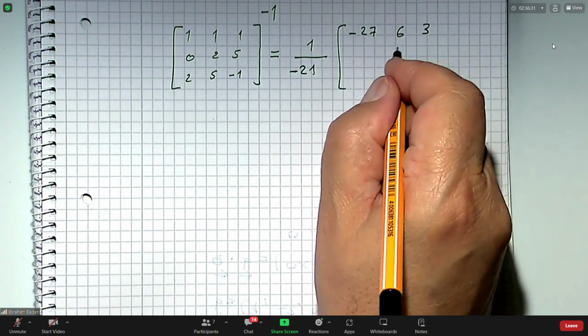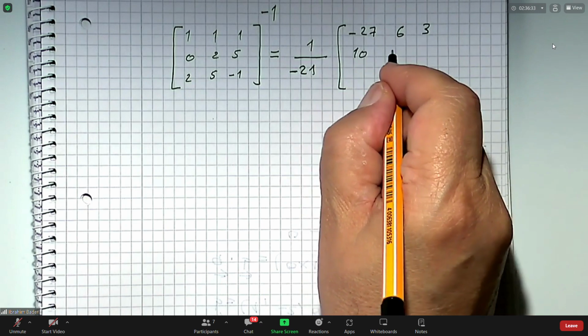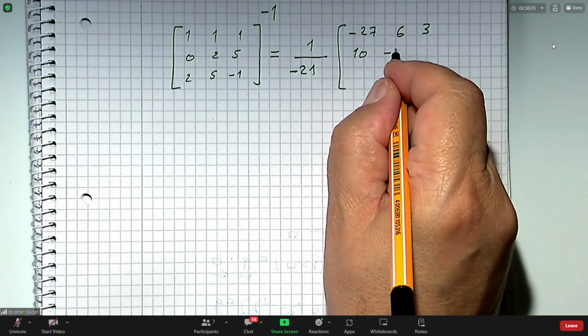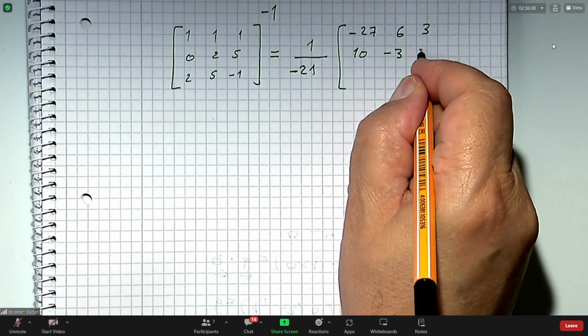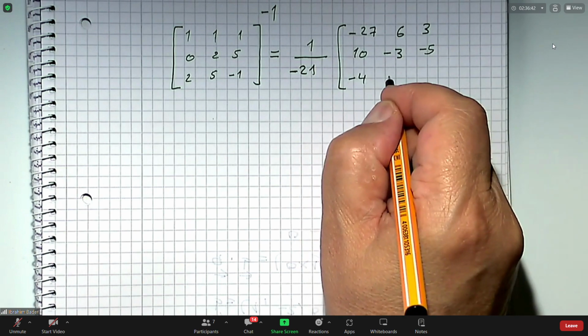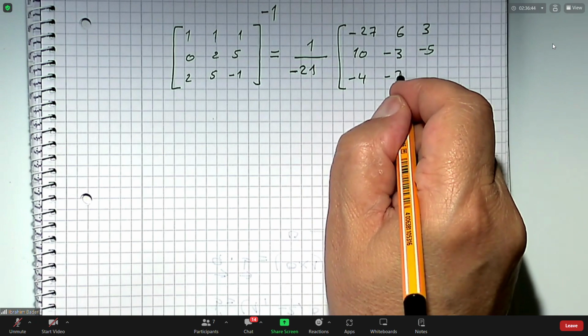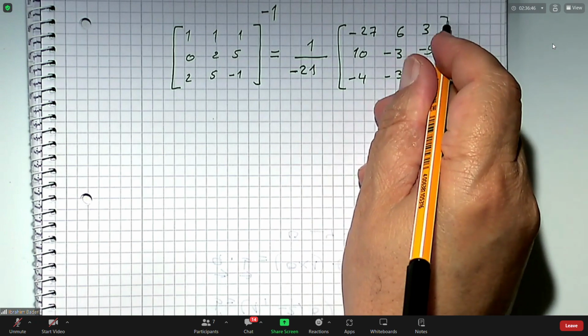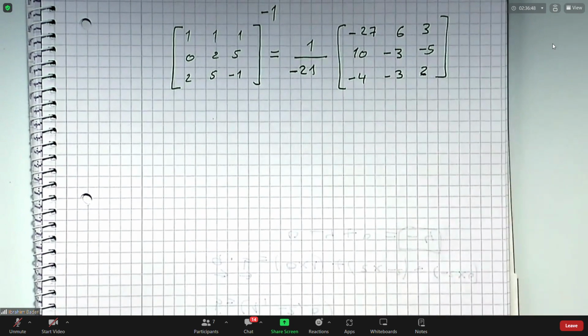So don't worry about this formula. It's just evaluated this way. So this is the inverse here, -3 and 2. Okay, so this is the inverse.